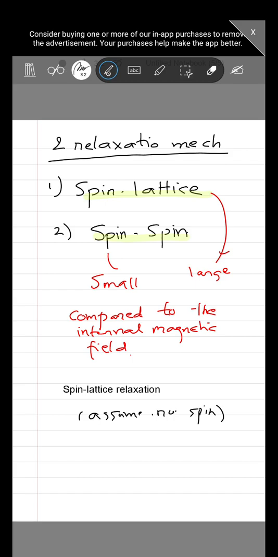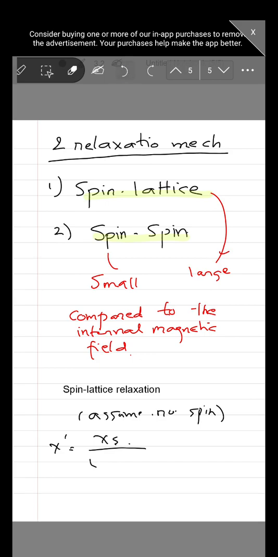This will isolate this phenomenon. So there is a Debye relaxation equation which says that chi dash is equal to chi S divided by 1 plus omega square tau square, and chi double dash is equal to chi S omega tau divided by the same denominator, 1 plus omega squared tau square.